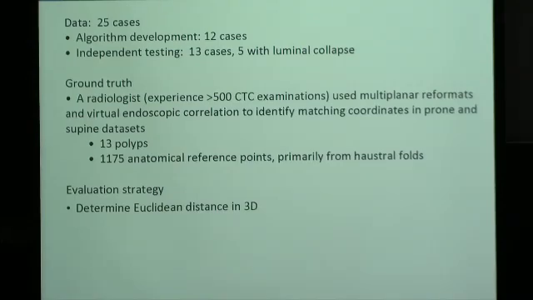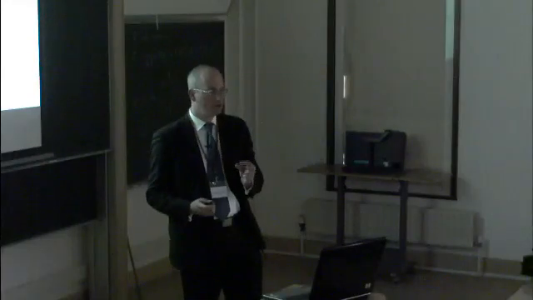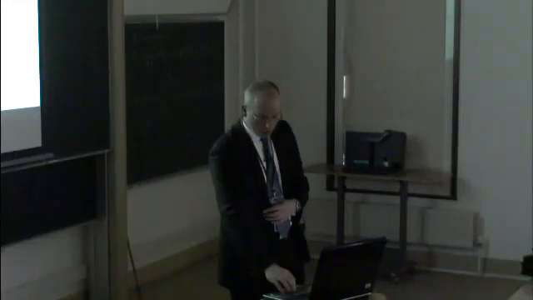This was primarily done by identifying matching coordinates in the supine and prone images. We had 13 polyps as well as 1,175 anatomical reference points that were selected primarily from haustral folds. Our evaluation strategy was to determine the Euclidean distance in 3D from the point that's been transformed into the supine image and the supine point itself.